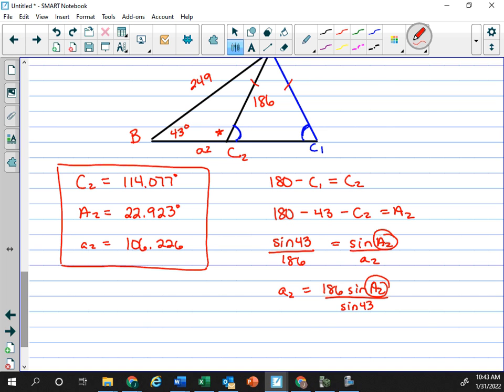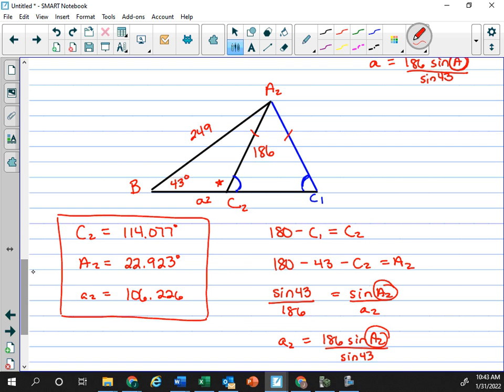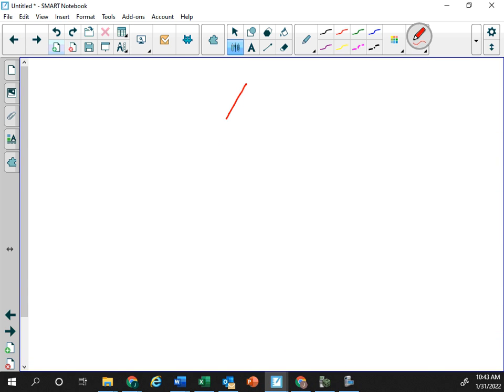Questions? Yeah. Can you explain how C2 works in it? Like how I found that? Sure. So back in geometry, we knew if these sides were congruent, you knew those angles were congruent, right? So this was our original C that we found over here.